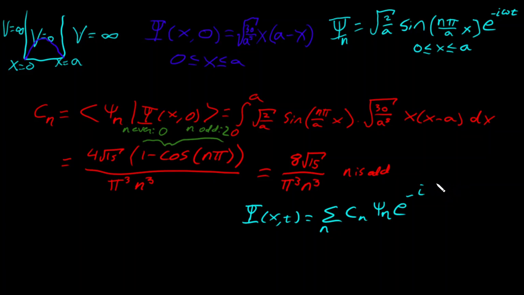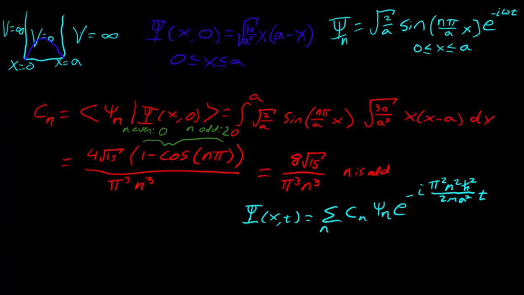We know E sub n is, let's see, how did we have it before? I wrote it out as pi squared n squared h bar squared over 2m a squared, right?